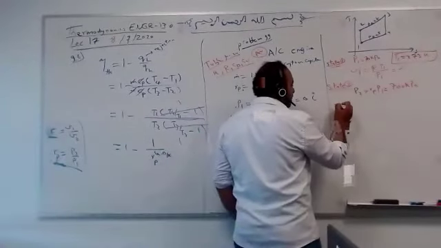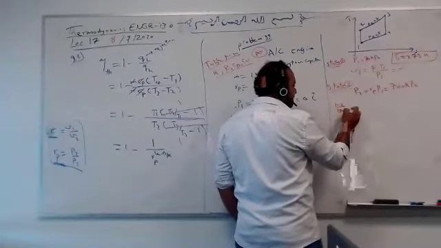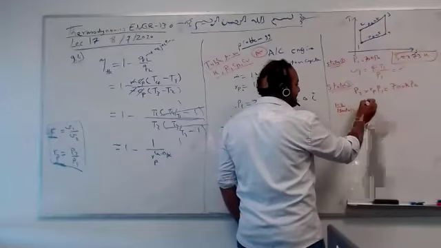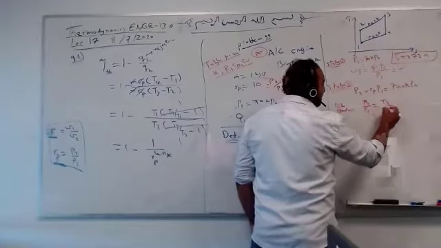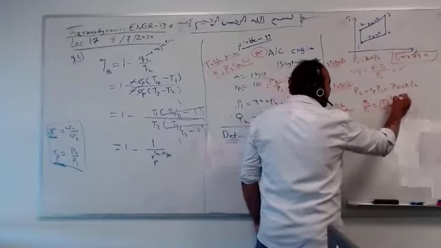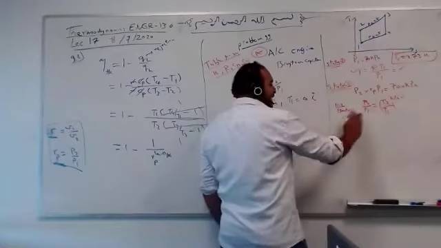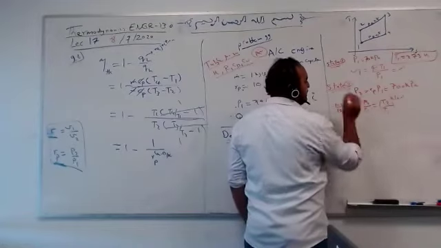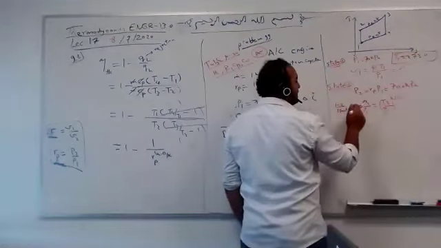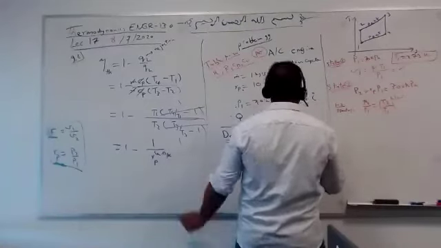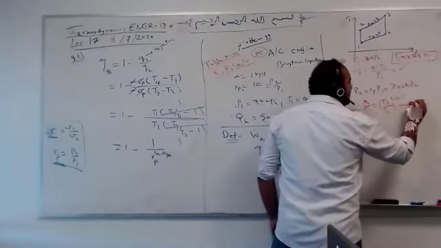Perfect. From 1 to 2 it is isentropic. For ideal gases, P2 over P1 equals T2 over T1 to the k over k minus 1, where k over k minus 1 is 3.5 for air. Equivalently, T2 over T1 is P2 over P1 to the k minus 1 over k. So you can get T2 here.